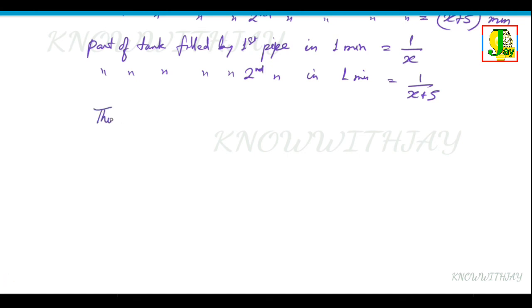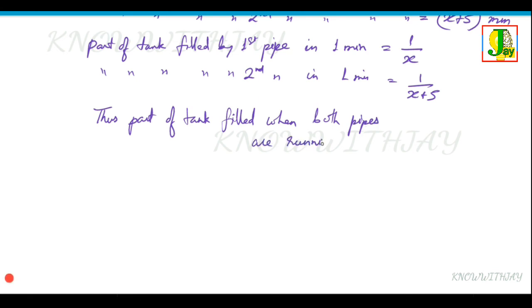Thus, the part of the tank filled when both pipes are running in 1 minute equals, we have to add those two, 1 by x plus 1 by x plus 5.